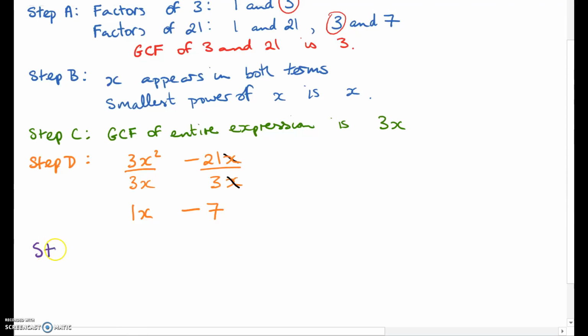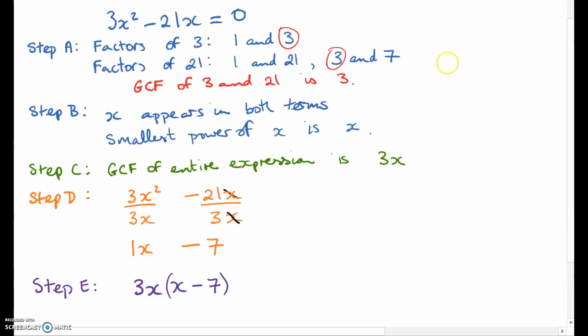And then the last step, step E, is we take the answer we just got, x minus 7. It's okay if you want to leave it as 1x, but generally we'll make it x minus 7. And we put the answer from step C, the GCF, in front. So we have 3x times x minus 7.